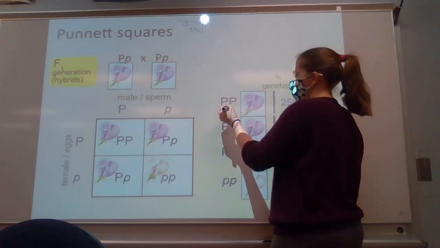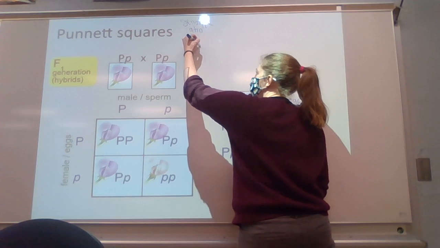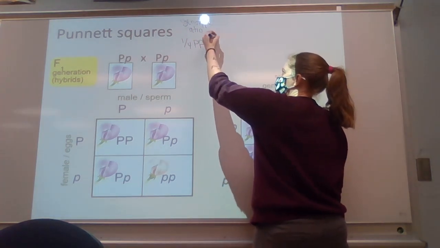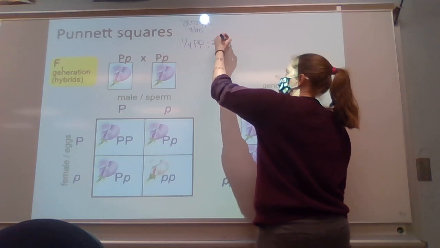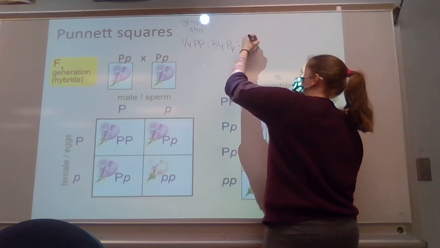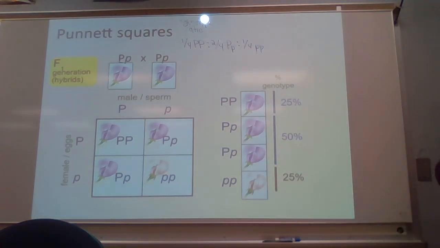So for this, I would want you to put 1/4 homozygous dominant, 2/4 heterozygous, 1/4 homozygous recessive. That's going to make future calculations when we're dealing with multiple alleles easier, so that's why I want you to practice writing it in that way.